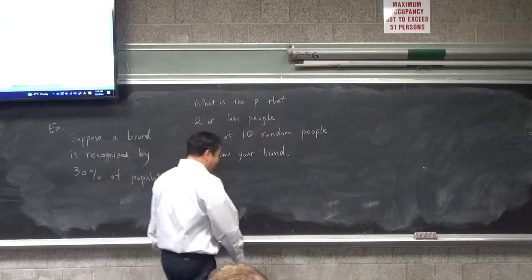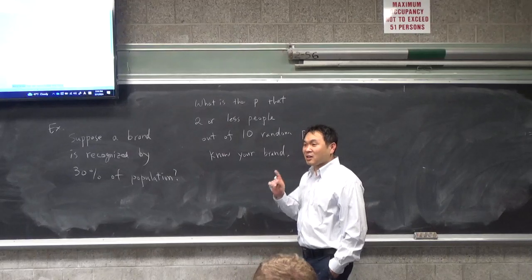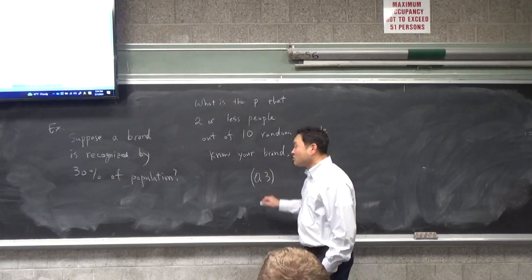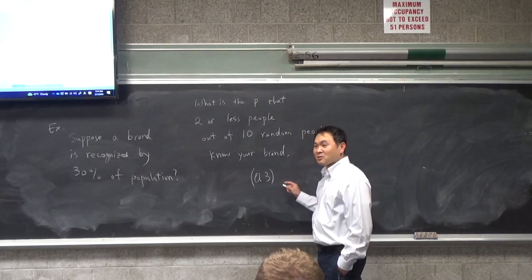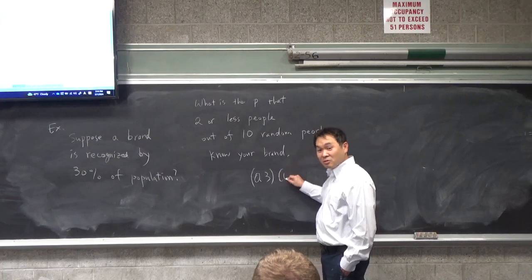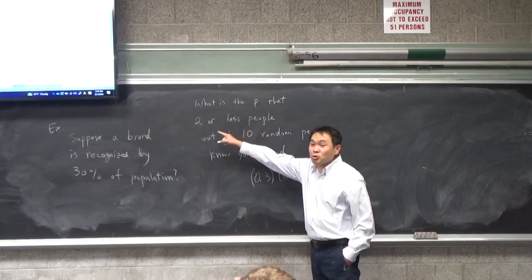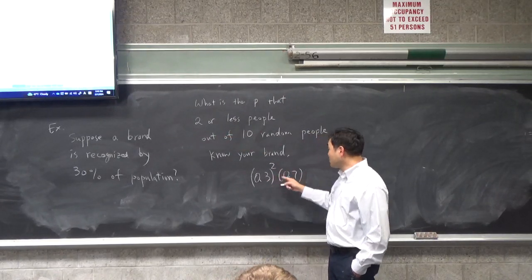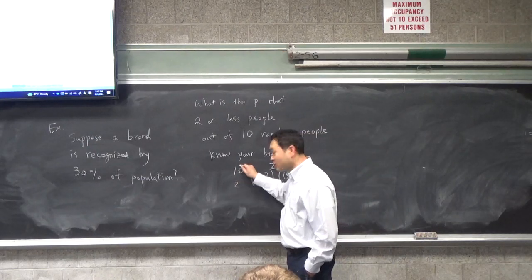And that's like the following. The probability that one person will say, yes, I know your brand, would be 0.3, right? What's the probability that he's going to say, no, I don't recognize that brand? 0.7, 1 minus 0.3, right? And then because you're saying 2 or less, if it's 2, then it would be 0.3 squared times 0.7 to the 8th with 10 choose 2, right?